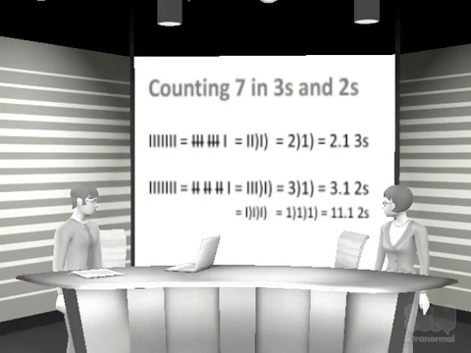Yes, we can count the 7 1s in 3s as 2 bundles and 1 unbundled, writing the T as 2.1 3s. Or, in 2s, as T is 3.1 2s. Strictly speaking, we should write that T is 1.1 2s, since here 2 bundles is the same as a bundle of 2 bundles.